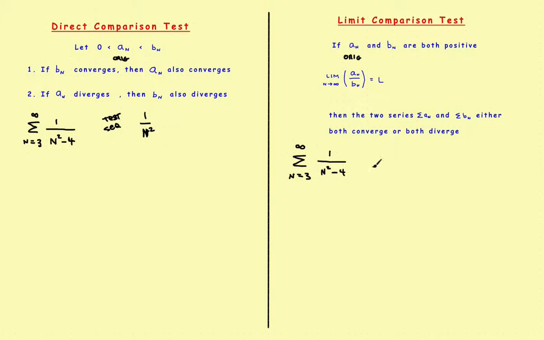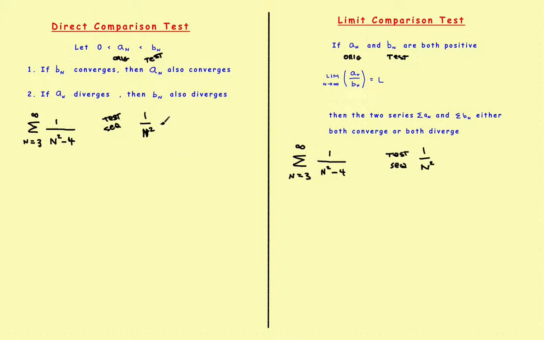Now, you do the same thing over here. We want to find a test sequence here, and we just found a test sequence here. So in both cases, find a test sequence. Now this one will be the same thing. If you go way off to the right, that 4 becomes insignificant, and this thing behaves as if it was a test sequence of 1 over n squared.